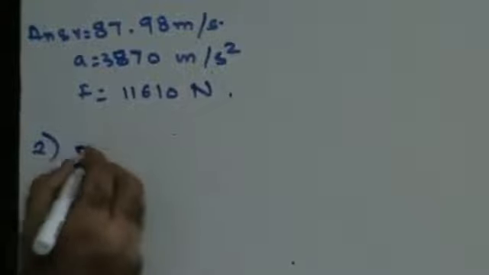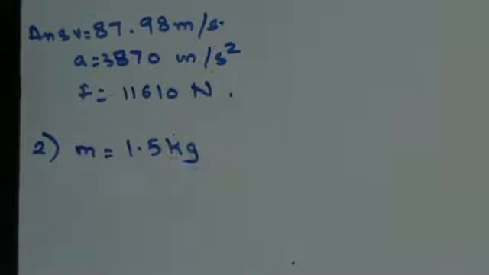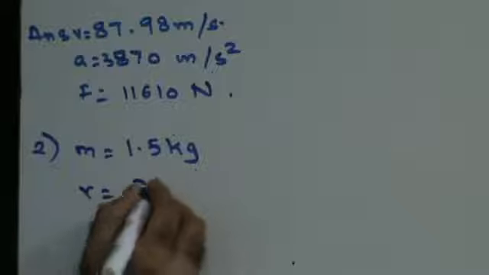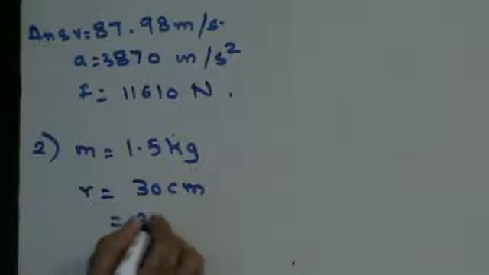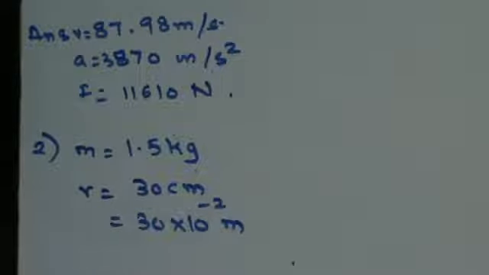A 1.5 kg mass is rotated in a horizontal circle of 30 centimeters.